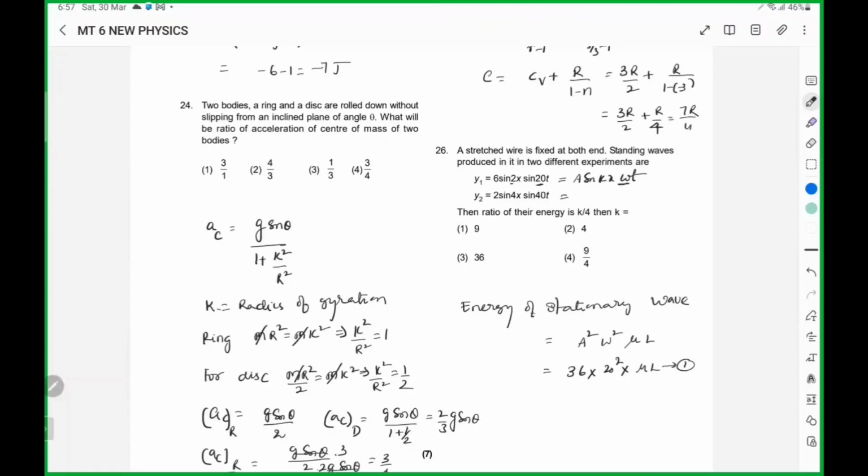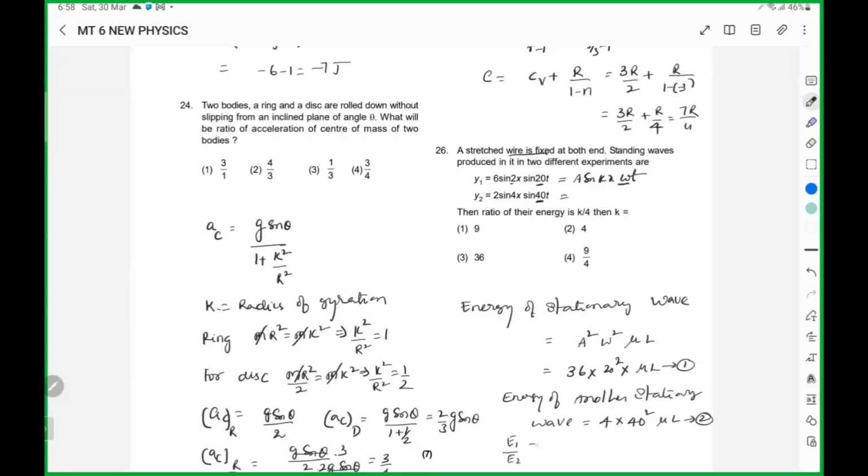Now the wire is not changed. So energy of another stationary wave is 4 into, here omega is 40, and same wire, mu L will not change.